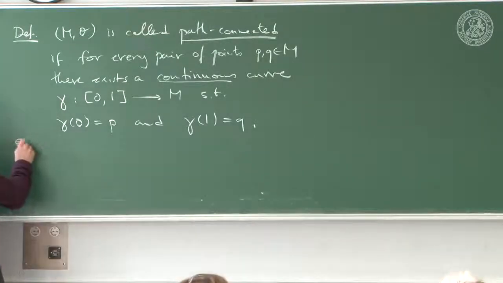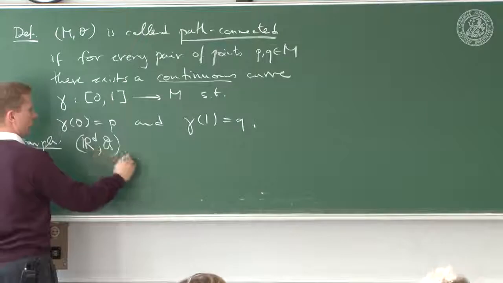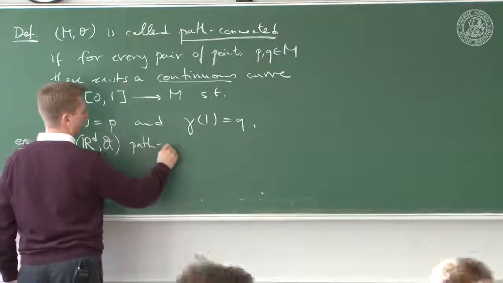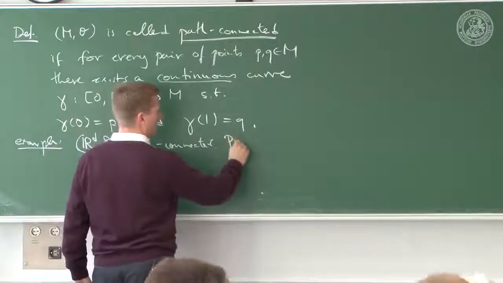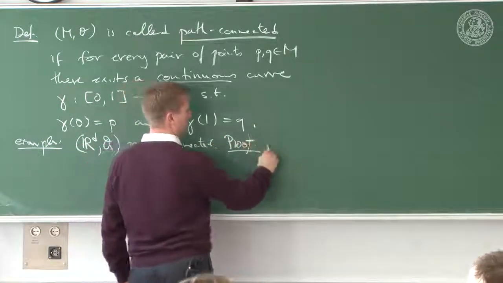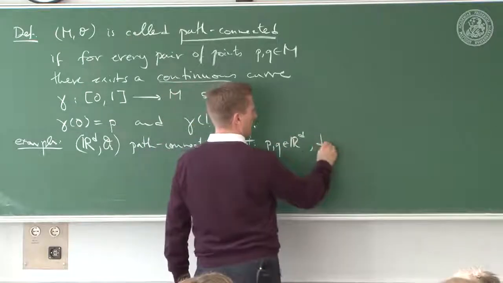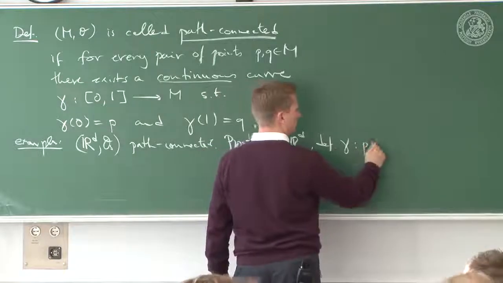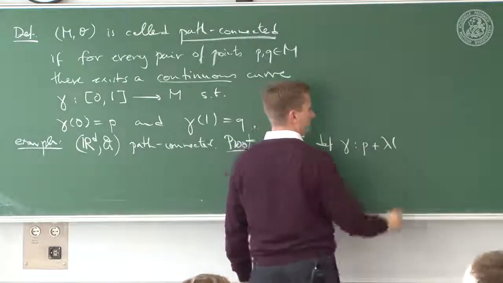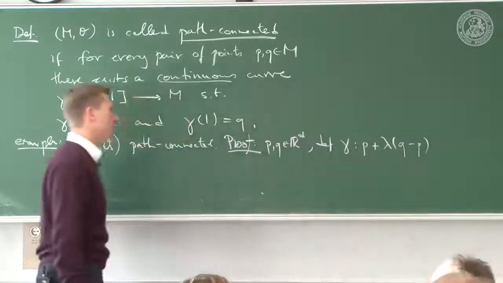So, examples. R^d with the standard topology is path connected. The sketch of the proof is very simple. Take two points P, Q out of R^d and define the curve by starting at P and going lambda times (Q minus P), where lambda is the parameter.